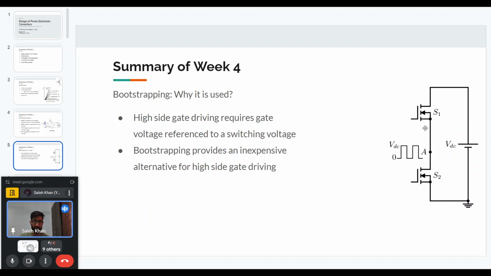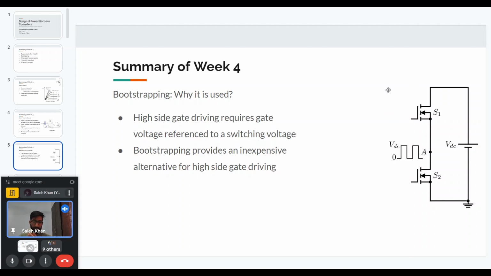So the high side gate driver requires a gate voltage supply which is referenced to its source or emitter, which in this case is a switching voltage. We saw in last week's lectures that this can be done using an isolated DC to DC converter.